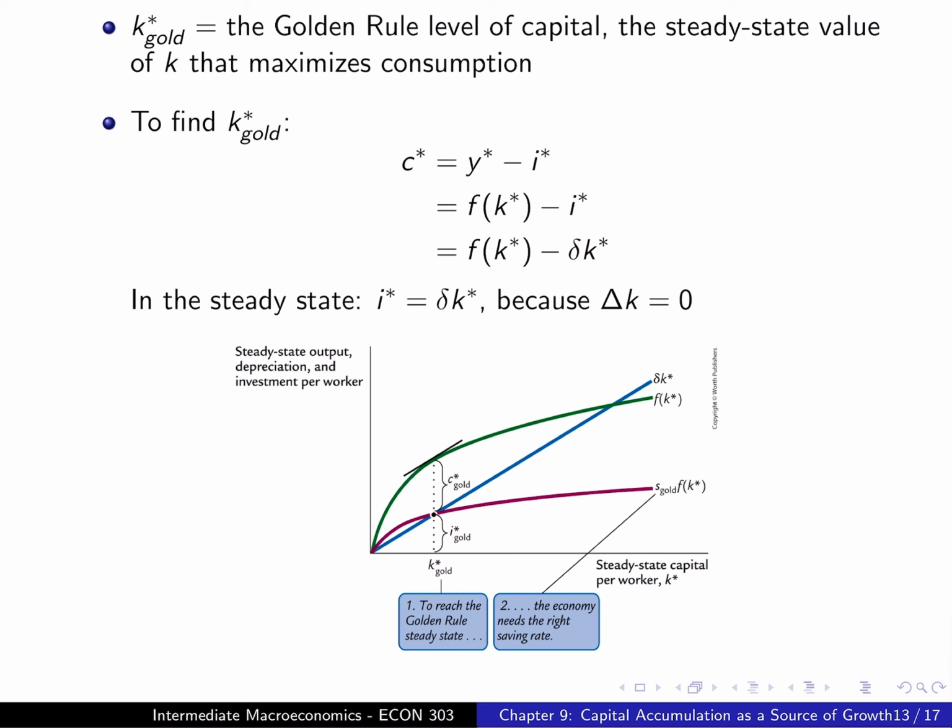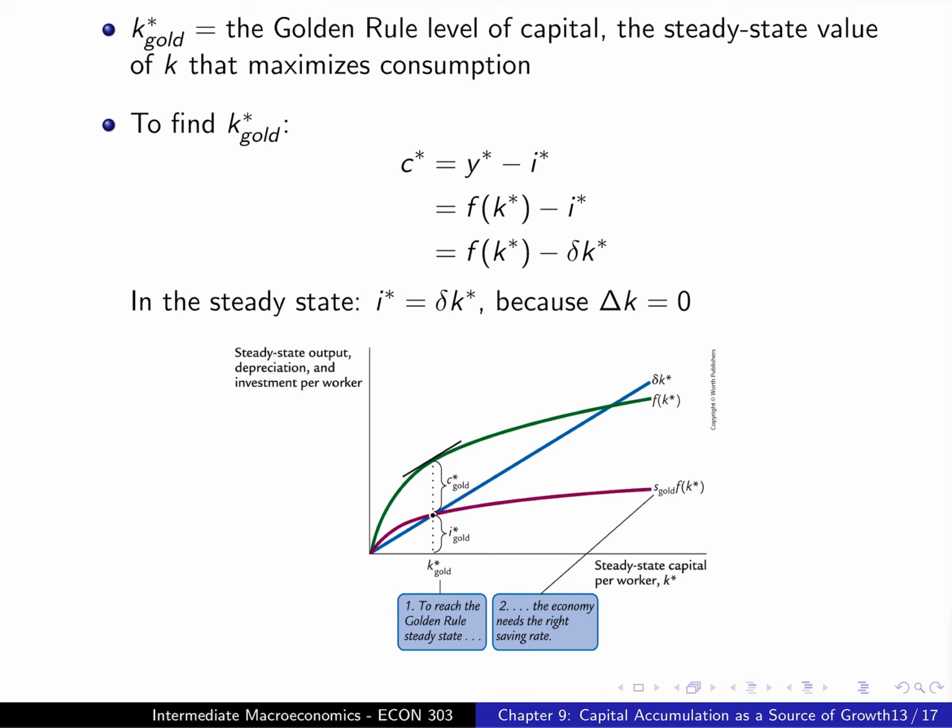To find lowercase k star gold, we start by expressing consumption per worker in steady state. Lowercase c star equals lowercase y star minus lowercase I star. That equals a function of lowercase k star minus lowercase I star. That also equals a function of lowercase k star minus delta times lowercase k star. Remember that in the steady state, lowercase I star equals delta times lowercase k star because delta lowercase k equals 0.